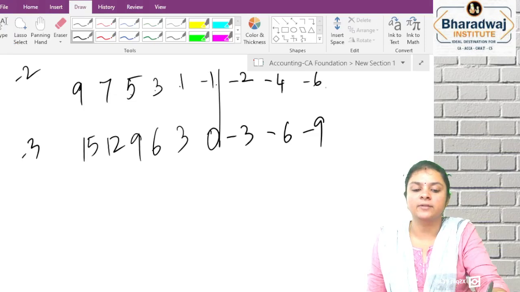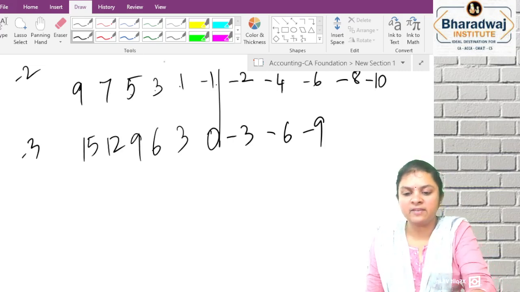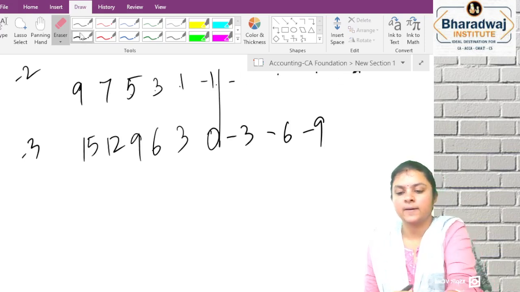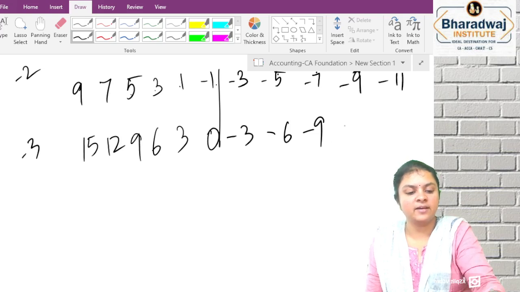You can also check. Again go 2 terms. Minus 8, minus 10. No, here it should be 3. Wait, yes, I think I made a mistake. Minus 3, minus 5, minus 7, minus 9, minus 11.